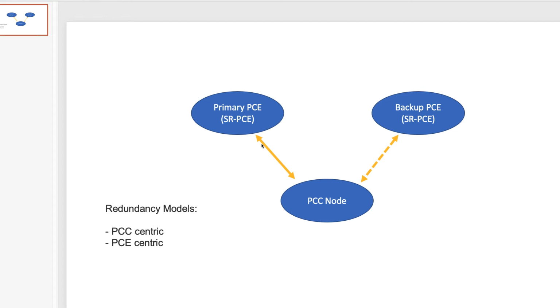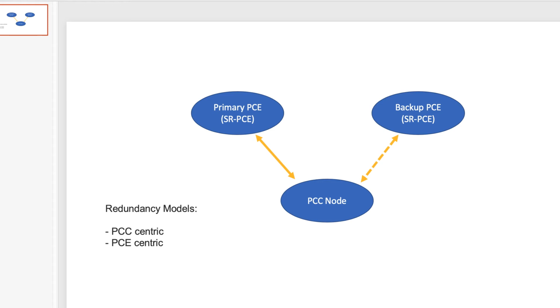And we saw that also, okay, hey, we had a SID list and now it can program the SID list, and using that SID list it can reach the node. After that, the PCC, which is the head end, will report this SR policy, including the path and other things, to both the primary and the backup SR PCE. That's what we know. So far so good.